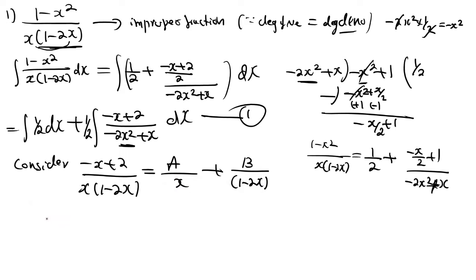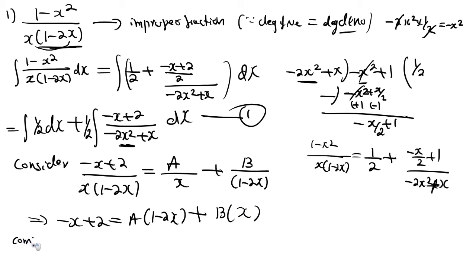What is the next step? This implies minus x plus 2 is equal to a into (1 minus 2x) plus b into x. Now first compare the coefficient of x.